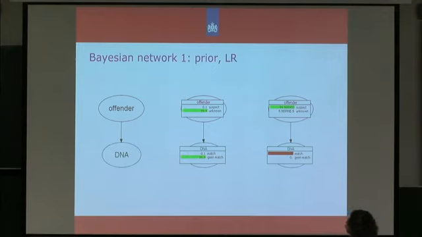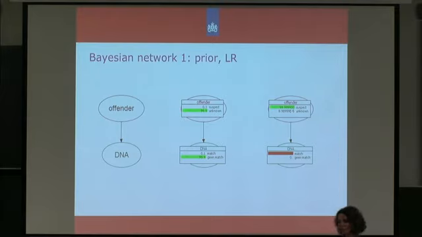Then I can look what happens if I put in a match and the random match probability is really large, 1 in a billion. When this happens, if I put in the match, then the posterior probability is raised enormously that it's the suspect. And you can play with it. You can say, well, if it's now a database match, the prior probability may be really small, so I can play with that and see the effect.